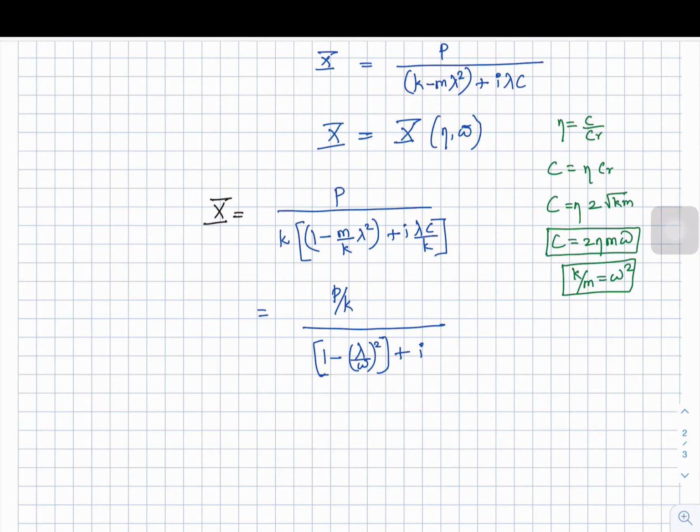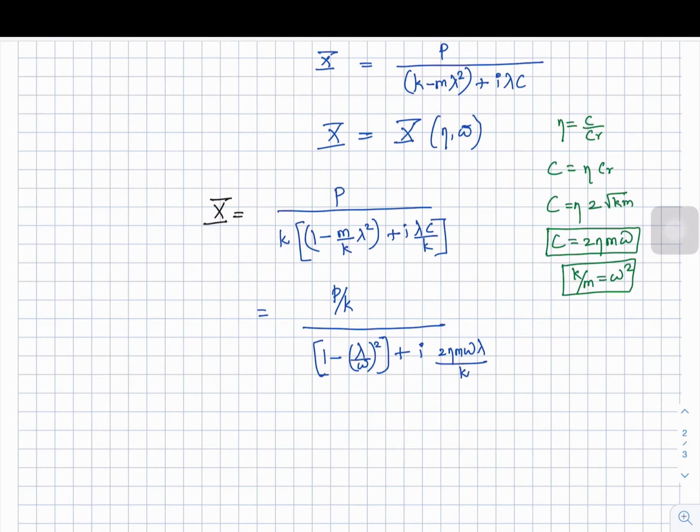How can we write lambda c by k? C becomes 2 eta m omega, so it is 2 eta m omega lambda divided by k.